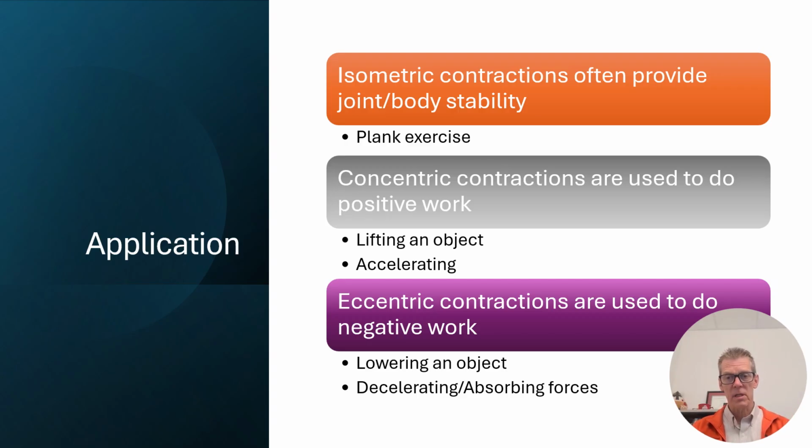We're using those eccentric mechanisms to lower something to the ground, to land softly from a jump. We're decelerating our body as it's going towards the floor. So these different functional uses of muscles are a really important concept to understand, and we'll get more into that in the program in many places.